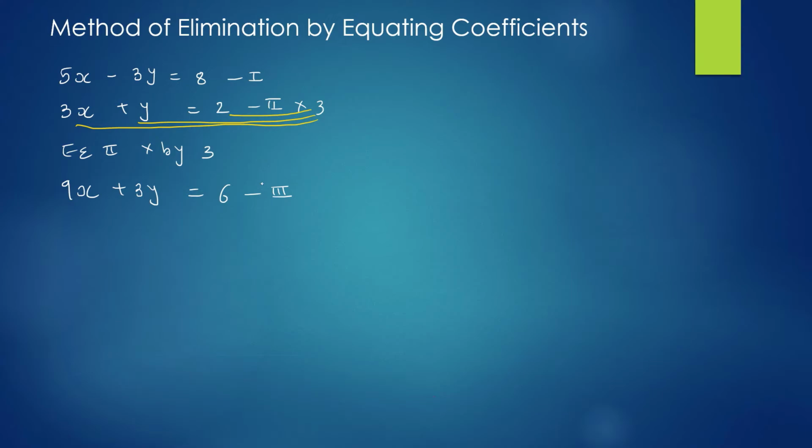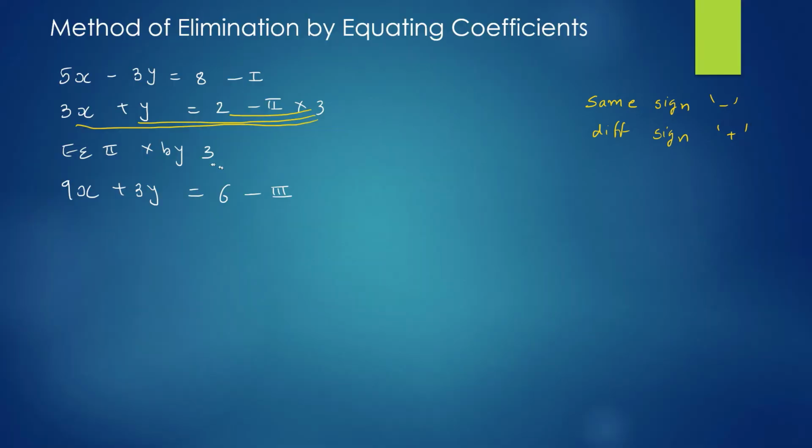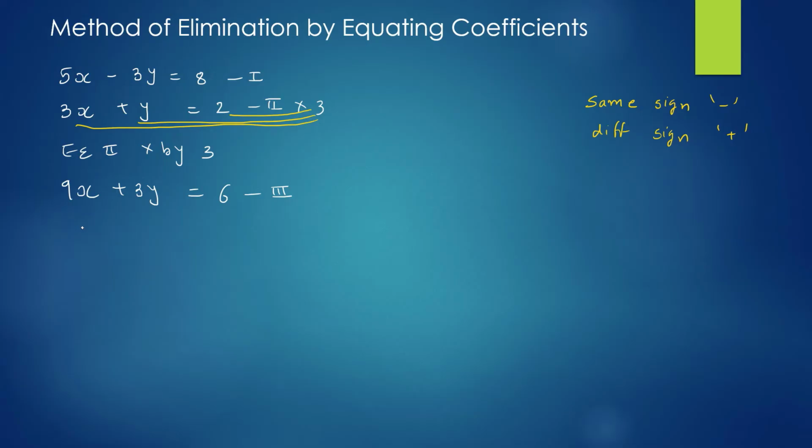Now if you remember the rule that we already saw, if same sign, then we have to subtract, and a different sign we have to add. Now if you observe equation 1 and equation 3, variable y has different signs, so we will add the equations.